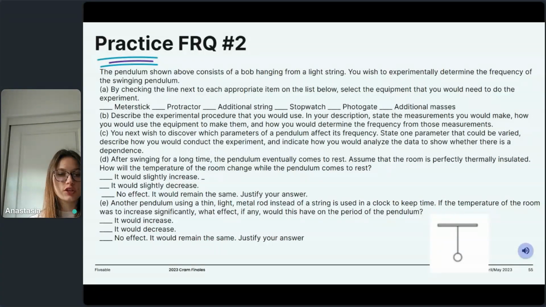Think about energy, think about exchanges of energy. So thermal energy, mechanical energy. All right, I'm seeing a lot of good answers. Chloe, yes, you can say that. Yes, you do need to justify your answer.